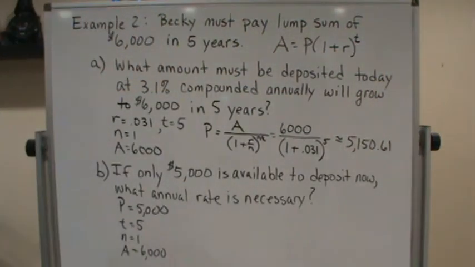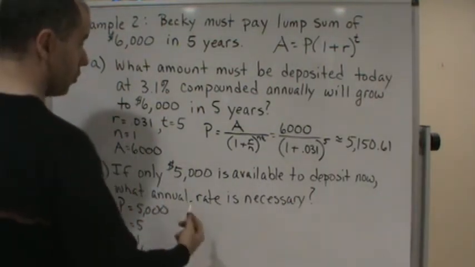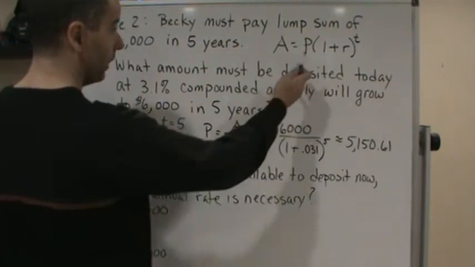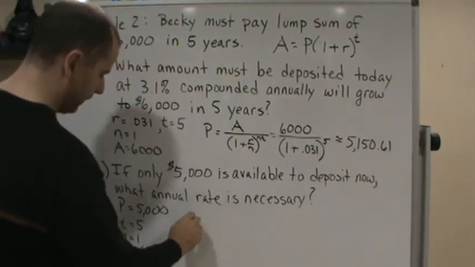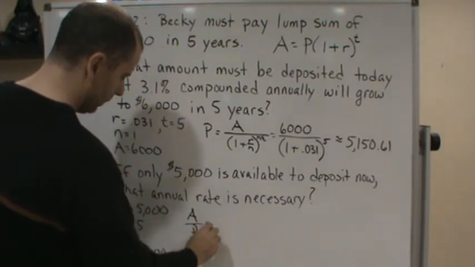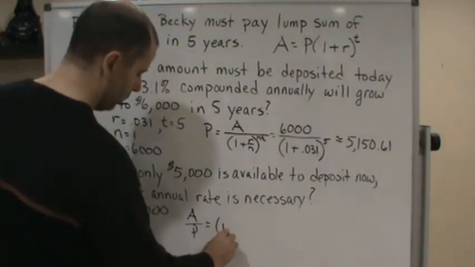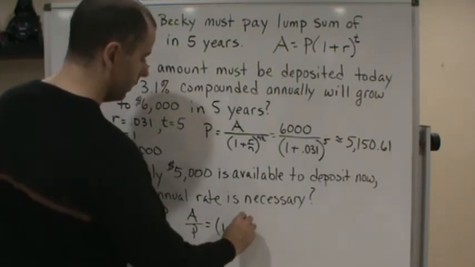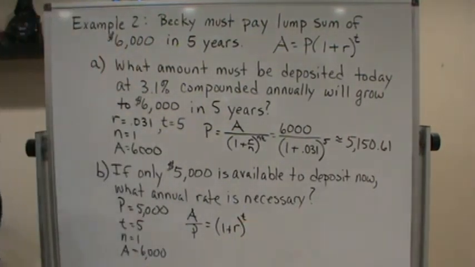Okay? But we still got an exponential we have to deal with. So how are we going to deal with that? Let's do it. We're going to solve for r. So we're going to divide both sides by P. So we get A over P equals 1 plus r raised to the t power.